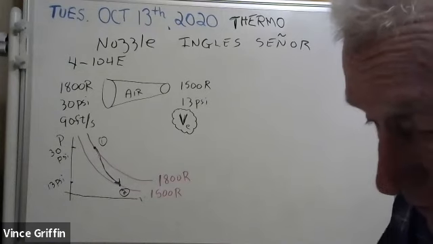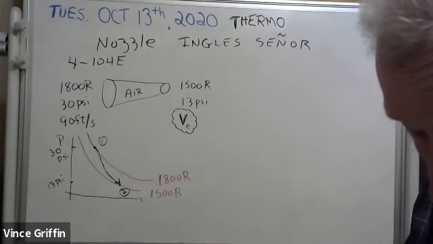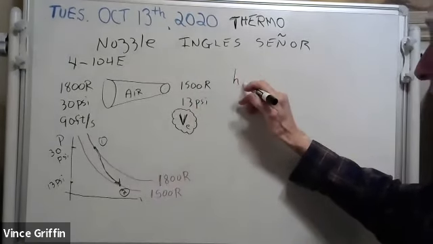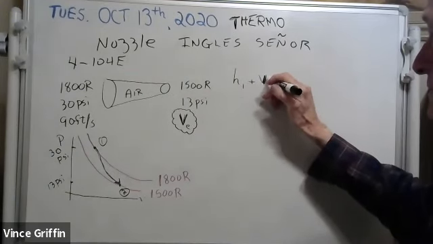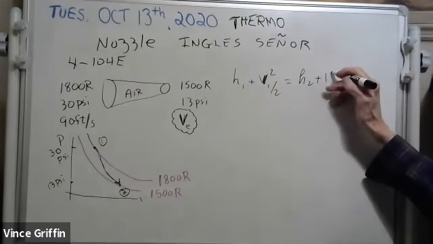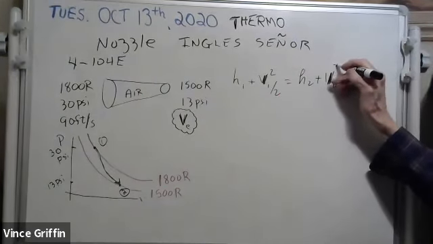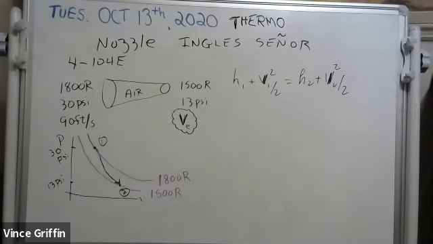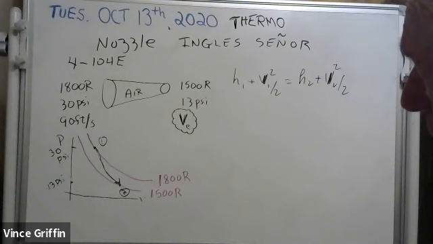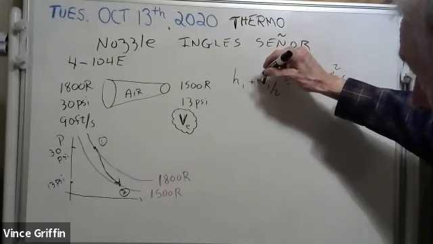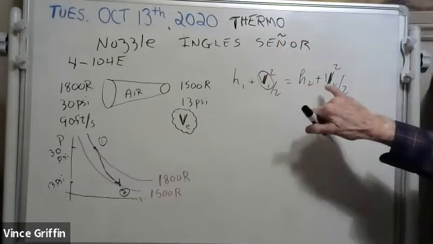Now let's write our first law of thermodynamics. Well, for a nozzle, it goes like this. Now, do they give us the velocities? Oh no, they give us this one. Look here, they gave us this one, but we don't know that one.